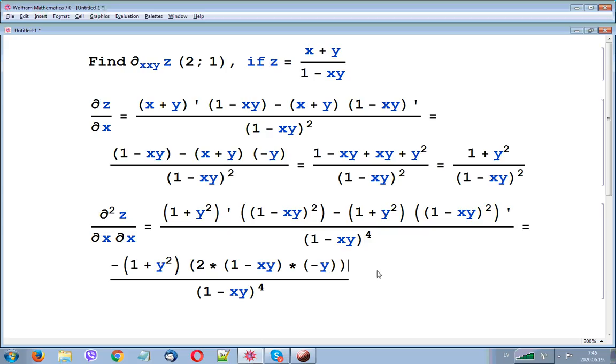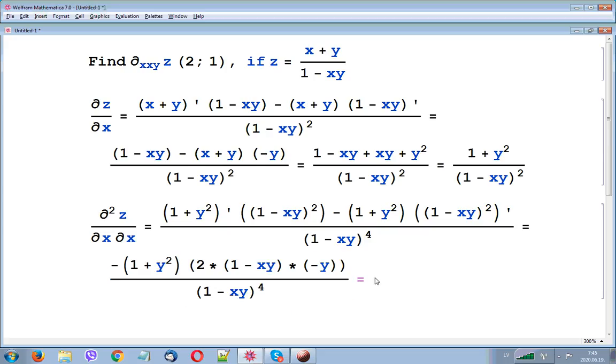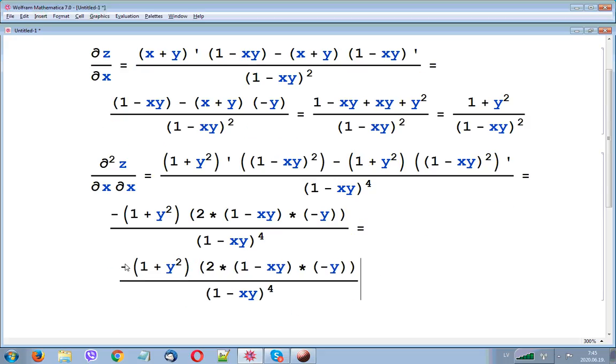And now we can open the brackets, and we can see that here the sign minus and here the sign minus will give us plus.